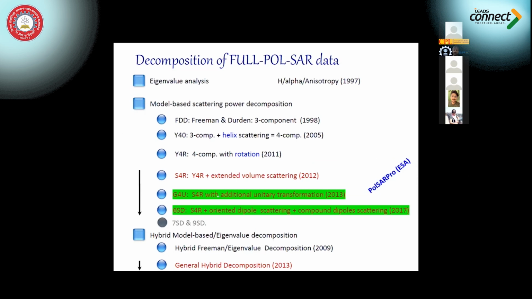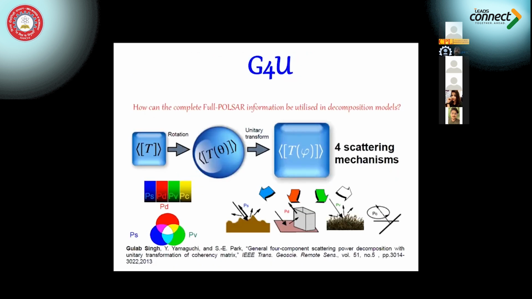But there were some issues, which were resolved by the G4U by applying an additional unitary transformation, because all the components of the T matrix, the 9 independent elements, were not included and implemented, and it was showing equal performance to the other existing decompositions. Recently another extension from the 4-component to the 6-component and 7-component was done, but I will show you the established example of G4U here, and then I'll show this 6SD.